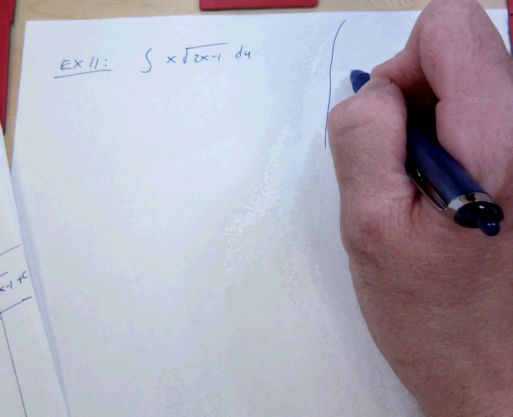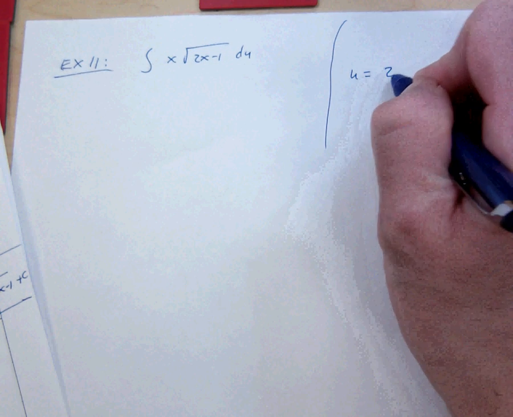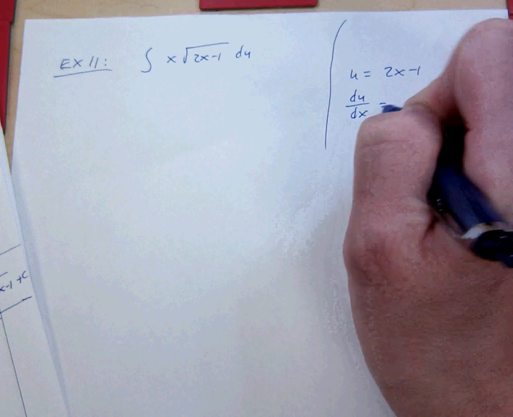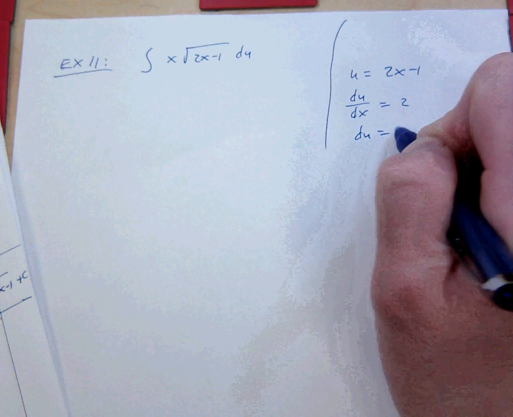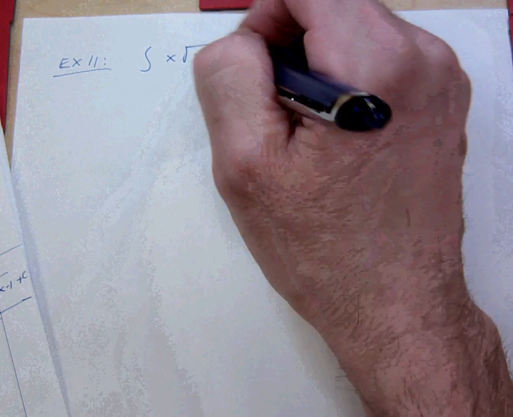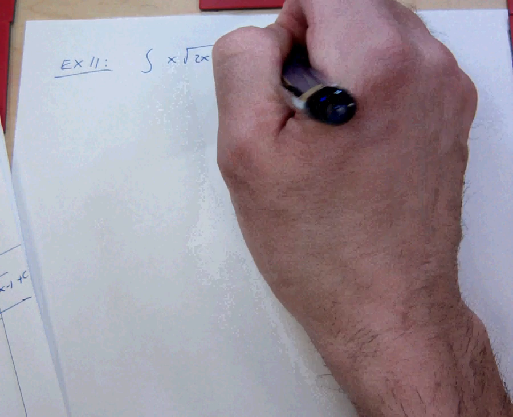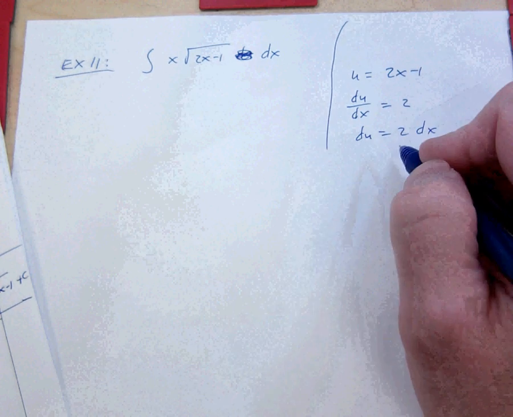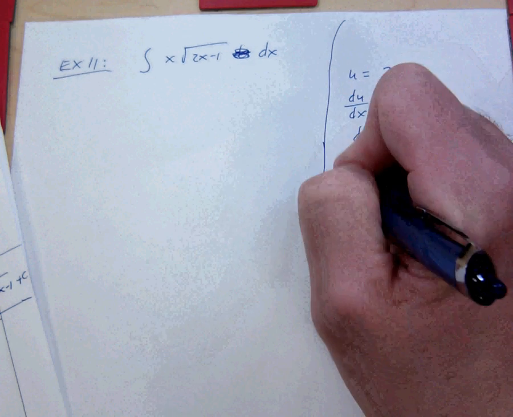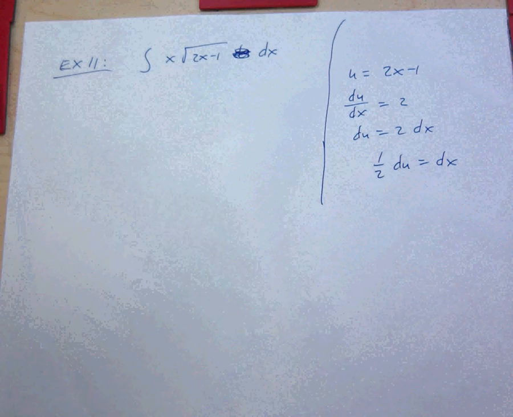So off to the side, we're going to let u be the inside of the composition. We all know the derivative of that is 2, right? We all know to move the dx to the other side, and then, because there's no 2 here, by the way, why do I keep doing that? That's dx, okay. So move that 2 to the other side. Okay, any questions so far?